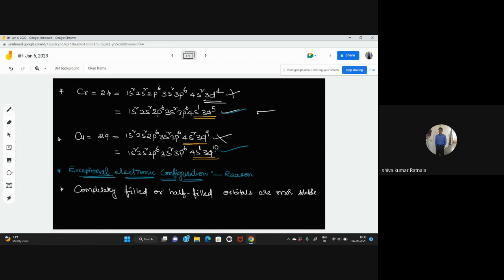See here, d5 means what we are writing, likewise we can write now. And d10 means how we will write?